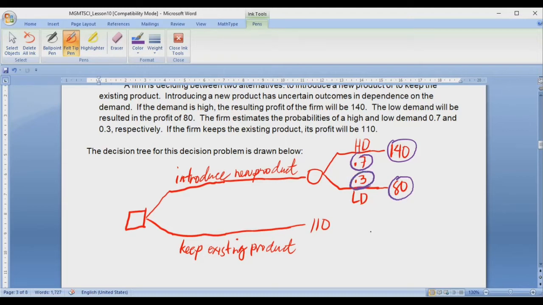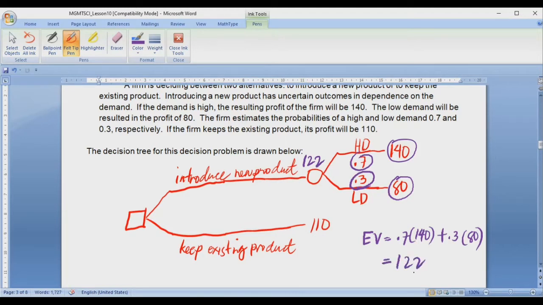So the expected value when you solve is 0.7 times 140 plus 0.3 times 80. As you solve, the answer would be 122. You put it here, 122, above the circle, the profit. So the answer here is 122.